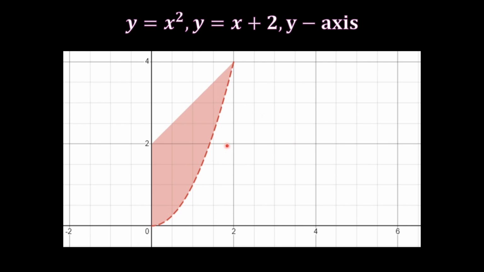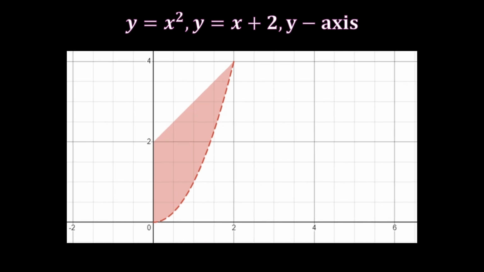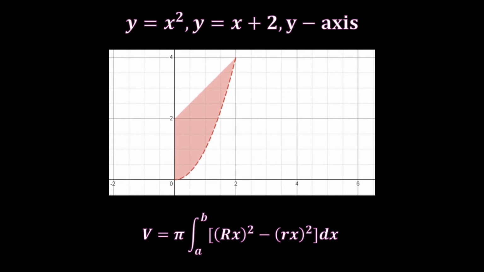And now, what we're going to be using is no longer the disk method, but the washer method. You could think that the washer method is different from the disk, but it's actually very similar. See this function here?